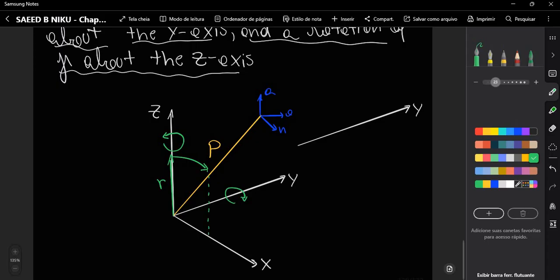So we have a sense of the direction that this arrow needs to be pointing. So it is in this direction, and after this we have to project, and I use this dashed line.